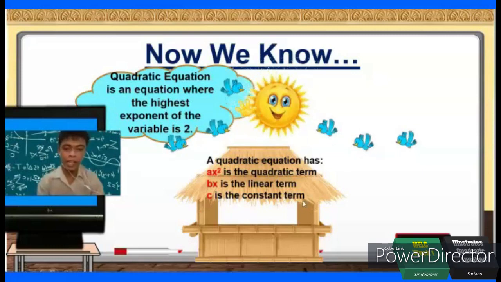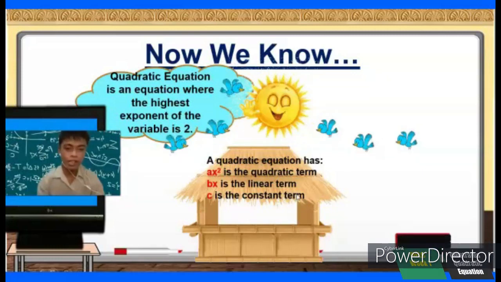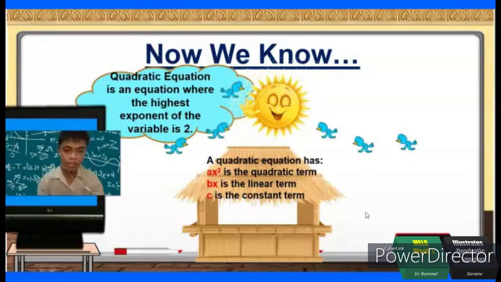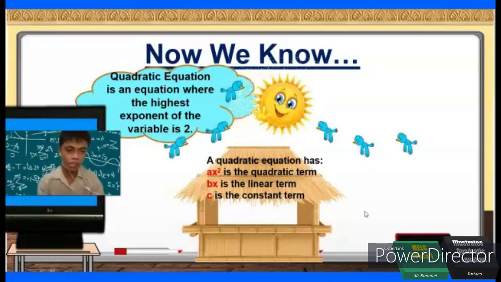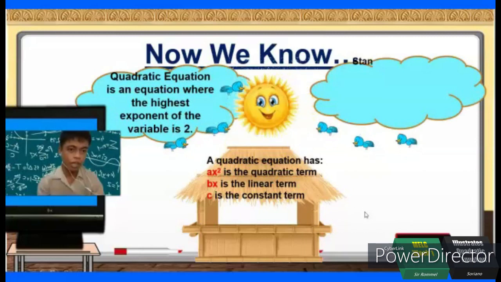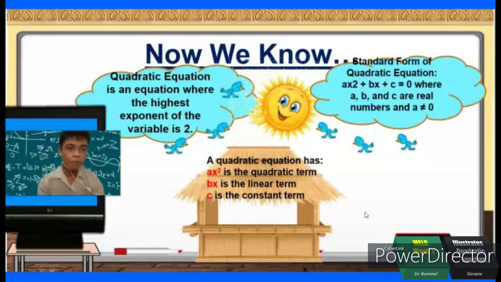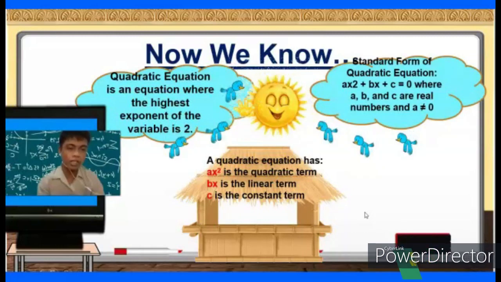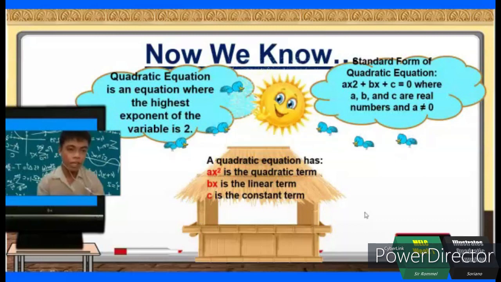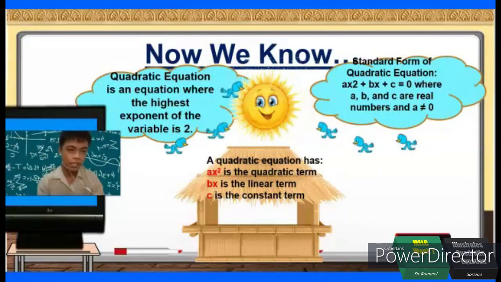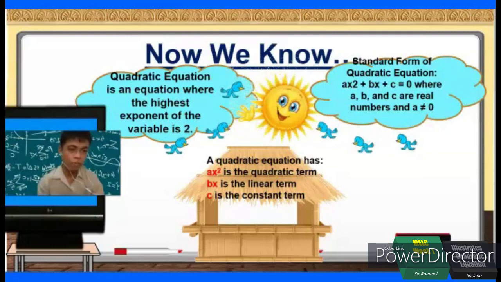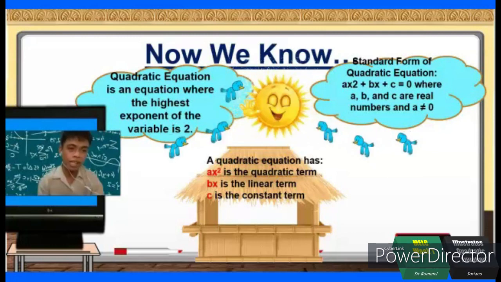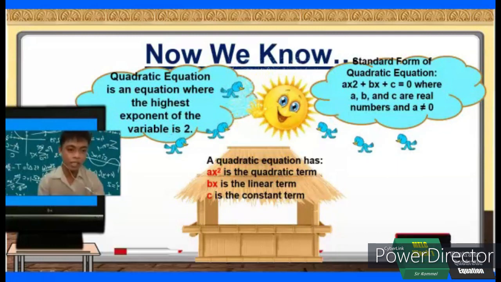For bx, ang tawag natin doon ay linear. And yung c, ang tawag naman natin doon ay constant term. Then, we all know the standard form of quadratic equation is ax squared plus bx plus c is equal to 0. Where a, b, and c are real numbers at ang a hindi dapat magiging 0.